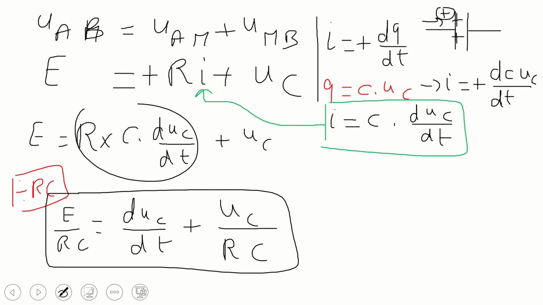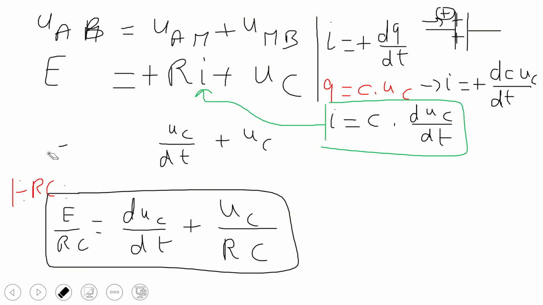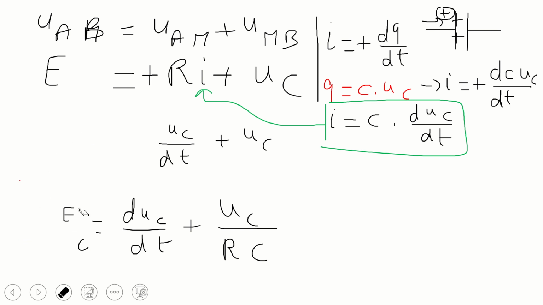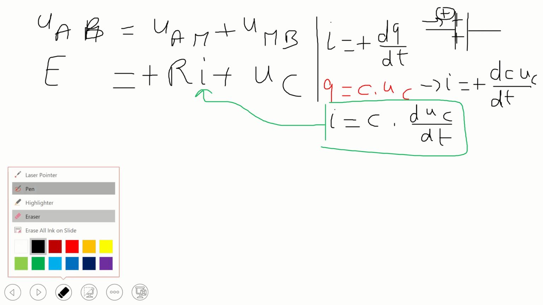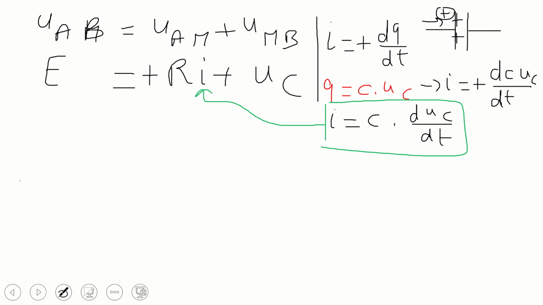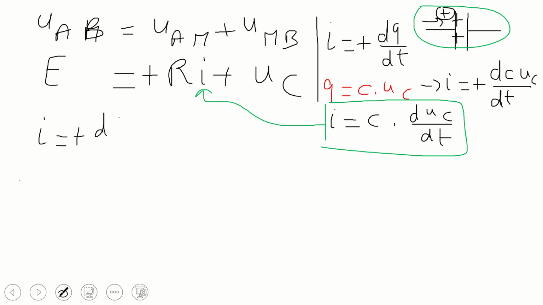Now, if we want to find the differential equation in terms of another variable, let's say as function of Q, we use the same law of addition of voltage or Kirchhoff's law. But we know that I, when the positive sense enters the positive plate of the capacitor, is equal to dq over dt.